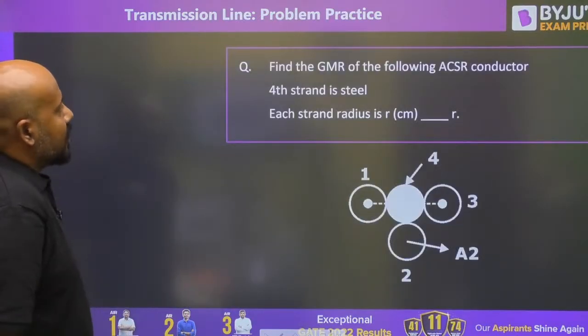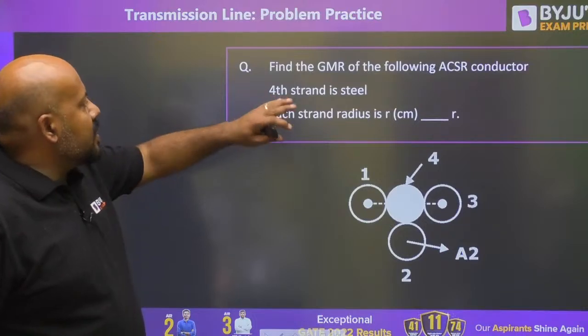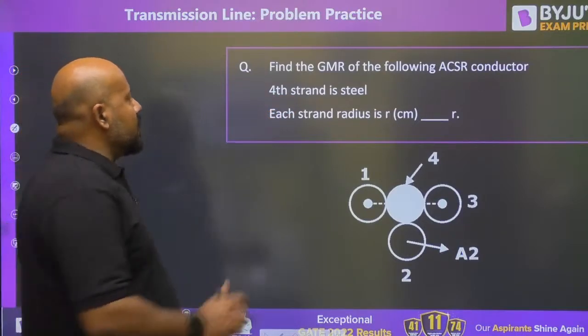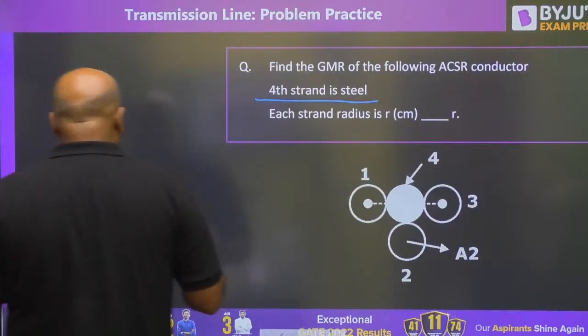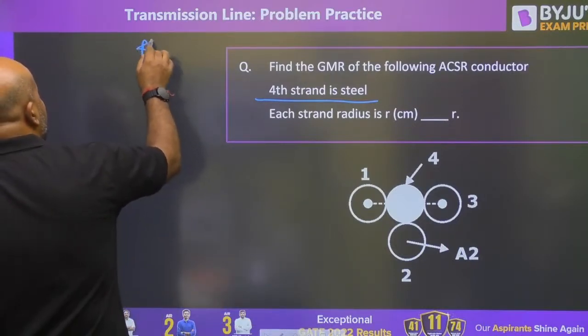See the next question. Find the GMR of the following ACSR conductor when the fourth strand is steel. Now, very important concept I am giving you.